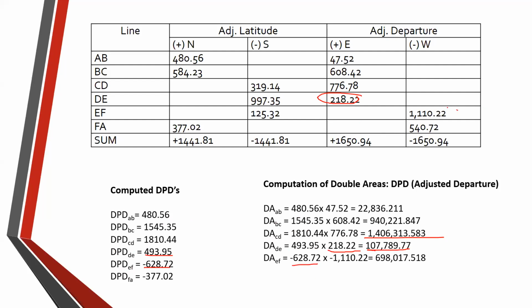628.72 times, again, this is your negative. Departure natin sa west is a negative value. So, times negative 1,110.22. Negative times negative, it gives you positive 698,017.518. Kindly check nga po ito ulit.